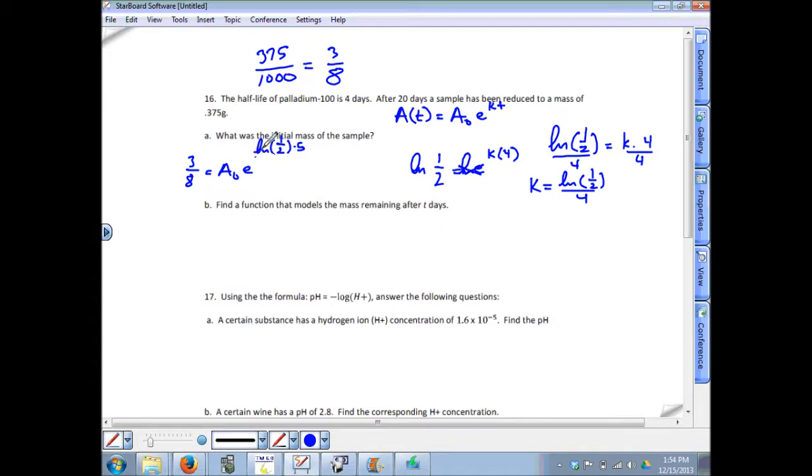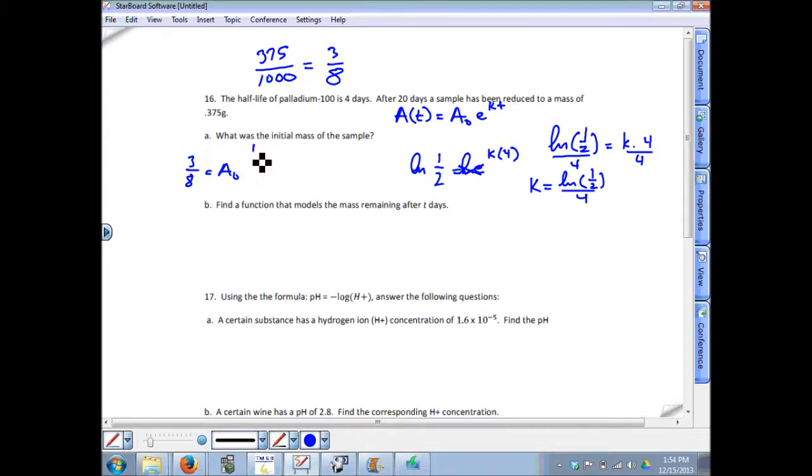And then e to the natural log cancel out, which means the 1/2 can drop down as a number. This 5 has to stay as an exponent, but this 1/2 can drop down as a base. So we're going to have 1/2 to the 5th power.